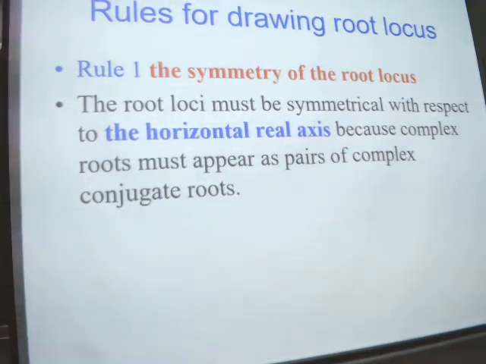For example, x squared plus 2x plus 2 equal to 0. So (x plus 1) squared equals minus 1, so x plus 1 equals plus or minus i.